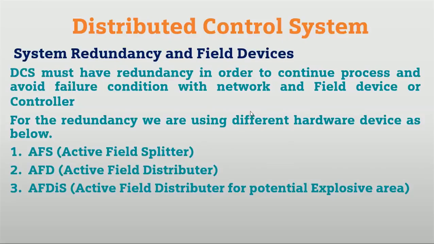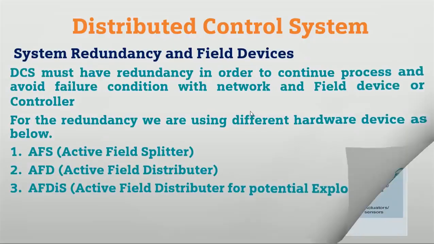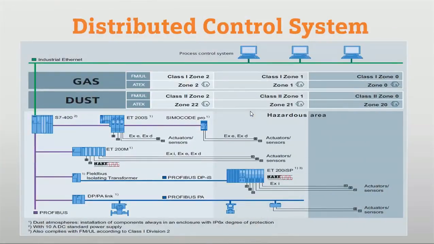So what are these field devices? You can see, based on the environment zone, for gas we have class 1, and there we have divided different zones. For gas we have zone 0, zone 1 and zone 2, and for dust we have class 2, zone 0, zone 1 and zone 2.